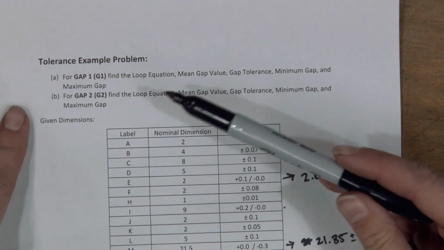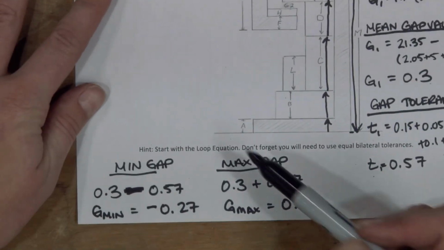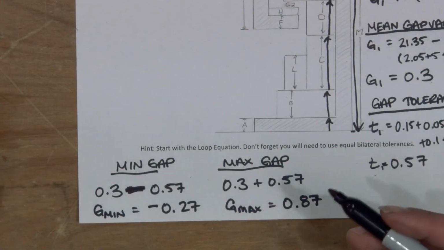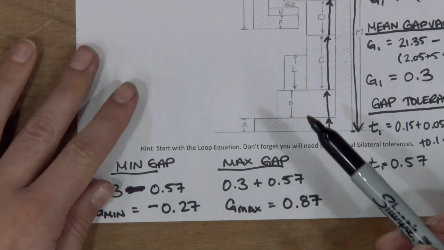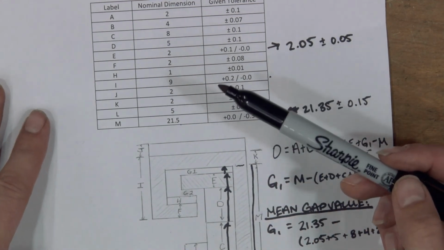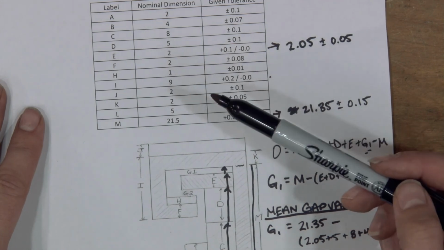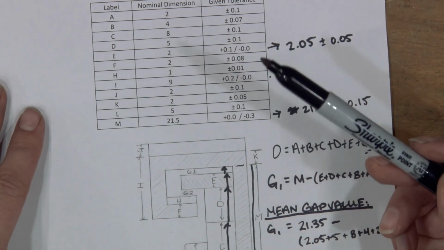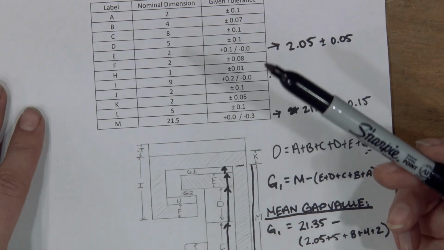However, if it was asked of me, hey, you need to get this gap between a certain thing, maybe like 0 to 0.5 or something like that, remember, I would start picking anything up here in my table to change. So I'd say, okay, what's manufactured in-house? How can I go and change that nominal dimension? Can I change any of these tolerances to make them much, much easier to go about changing, right?